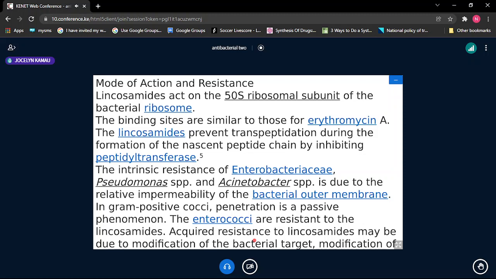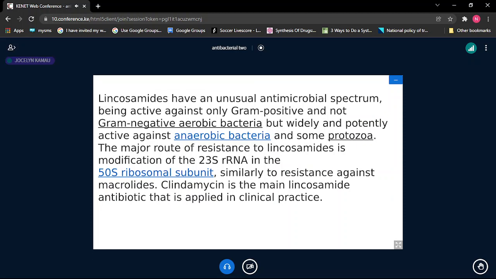Once there is a conformational change within the receptor, the drugs will not be able to bind, but coincidentally the amino acids that come in are able to bind the receptor, and therefore the protein synthesis still continues. They have an unusual antimicrobial spectrum.